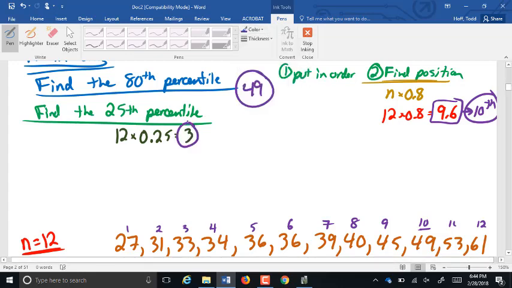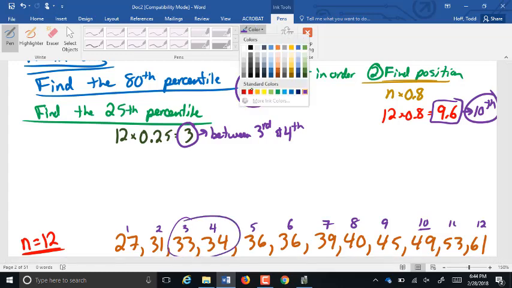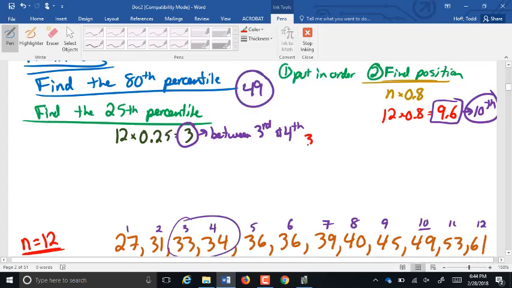Just like with the median, if that's a whole number, it's going to be between that place, the 3rd place, and the next one, the 4th place. So 3 and 4, that's 33 and 34. 33 plus 34 divided by 2 is 33.5. 33.5 is the 25th percentile.